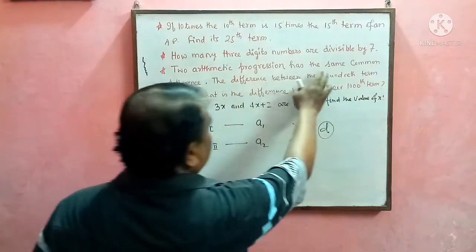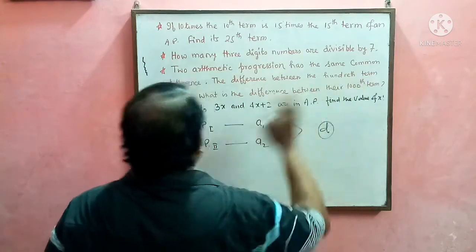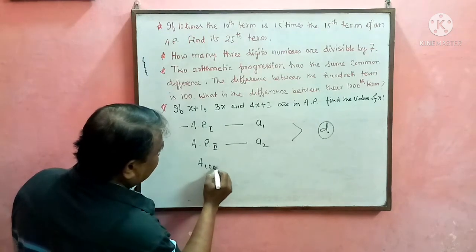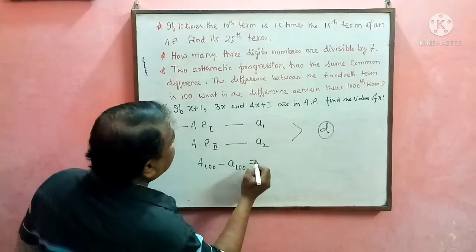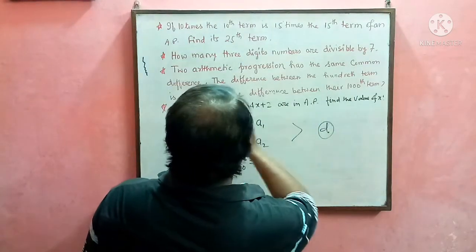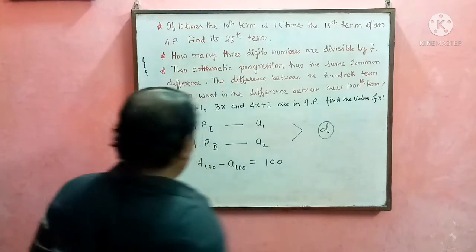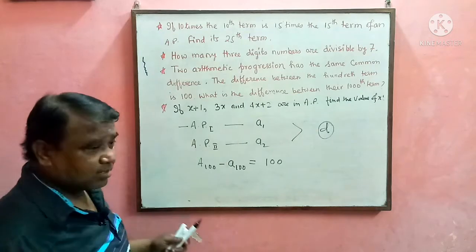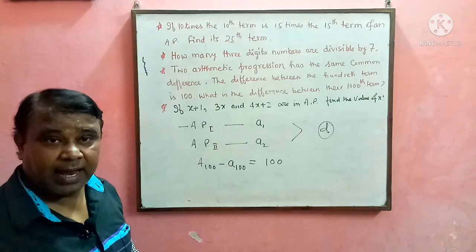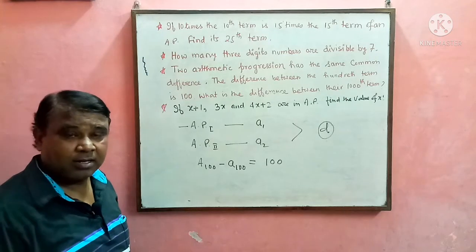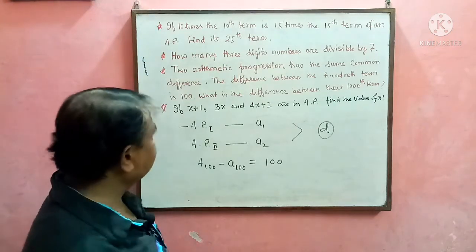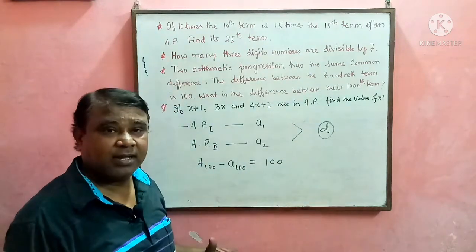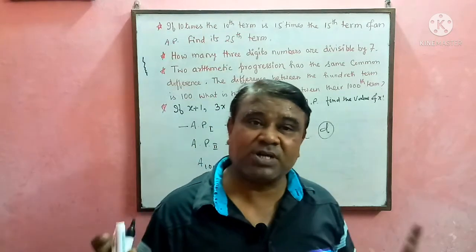Now we have arithmetic progressions with the same common difference, and the difference between their 100th terms is, obviously, A100 minus A100, this is given as 100. That means if the common difference is the same and first terms are different, and you are asked to find the difference between the 1000th terms or whatever terms, that will be the difference of their first terms.